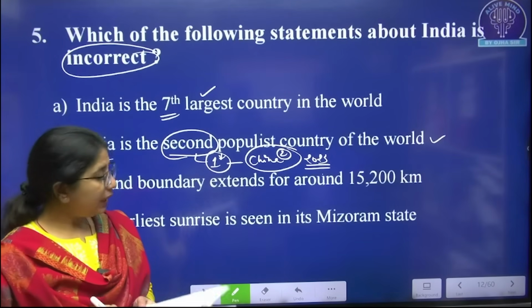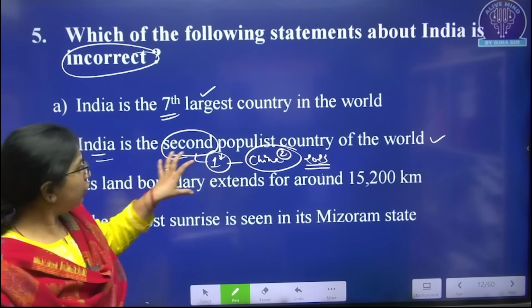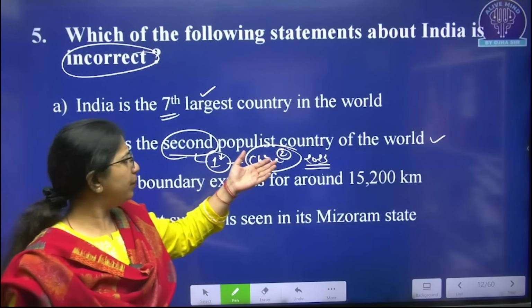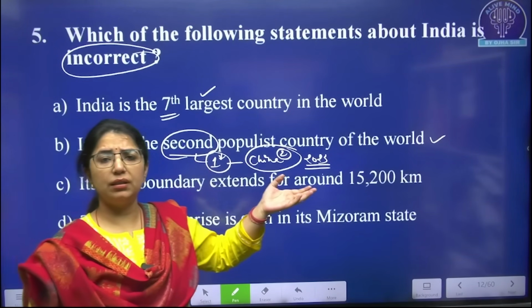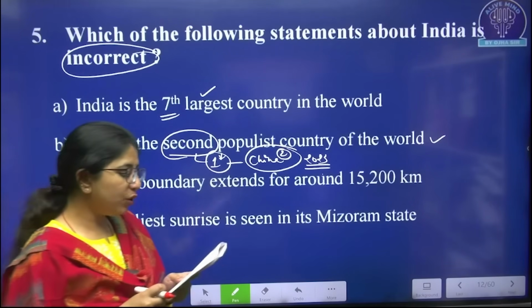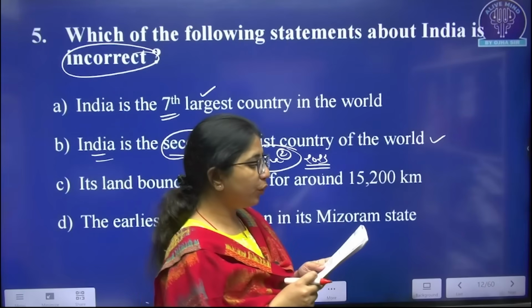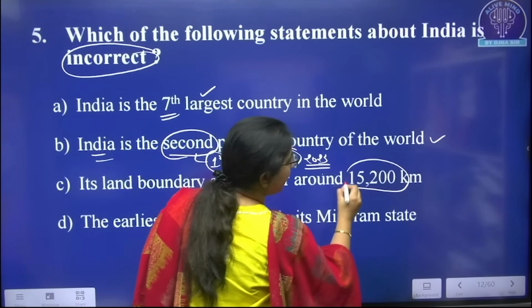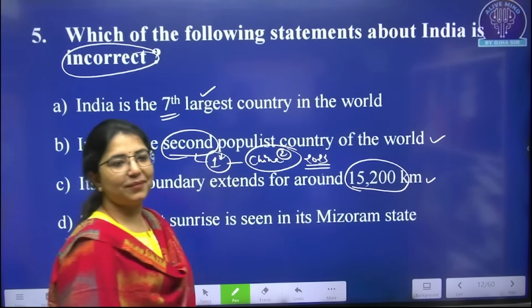And going by this, you'll get to know when you study current affairs. Population is a very important topic for the mains. And then the third option is its land boundary extends for around 200 kilometers. See, again, during that time, this option was right.